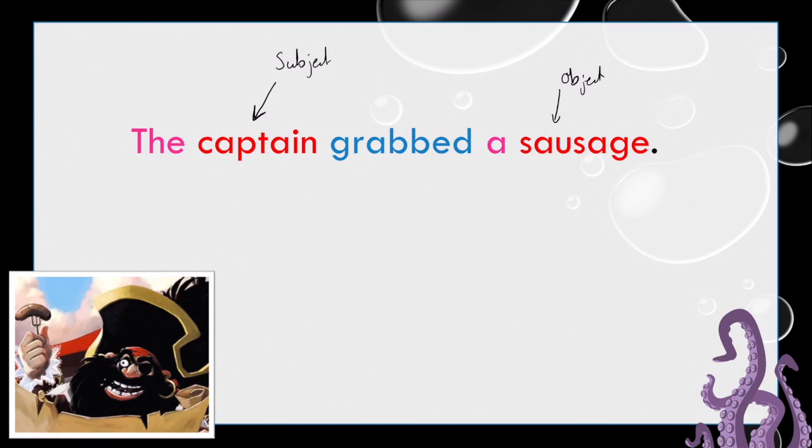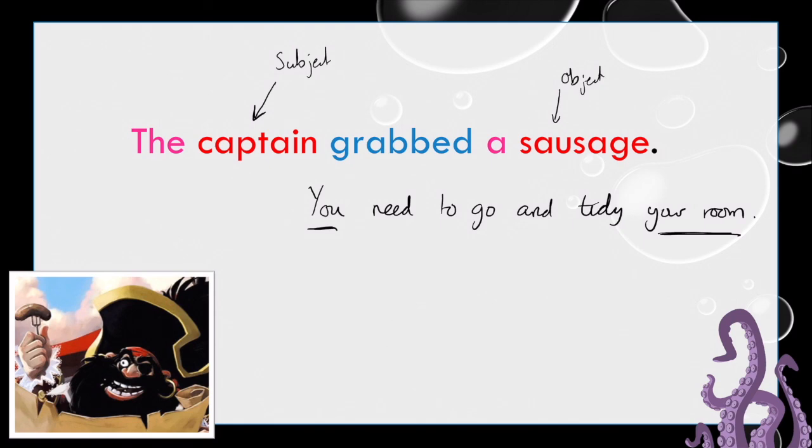The joke is, a mum says to her little boy, you need to go and tidy your room. You is the subject, and your room, in this case, is the object. And the little boy suddenly says, Mum, oh, Mum, come on, can we change? I don't want to talk about this all the time. Can we change the subject?